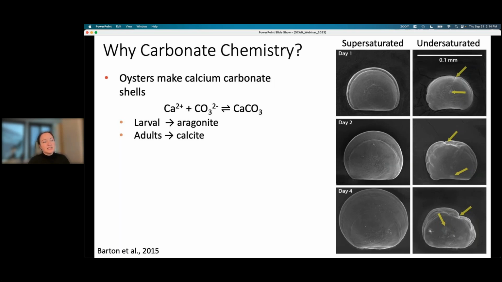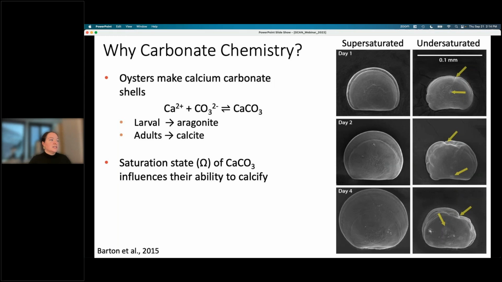So what we can see is that particularly in undersaturated waters, we lose the uniform round shape of the shell, it starts to become distorted, and these green arrows on the images indicate areas or features that may be indicative of the start or beginnings of dissolution. Thus, the saturation state of calcium carbonate, as we mentioned previously, influences their relative ability to calcify and can also enhance dissolution of their shell structures.